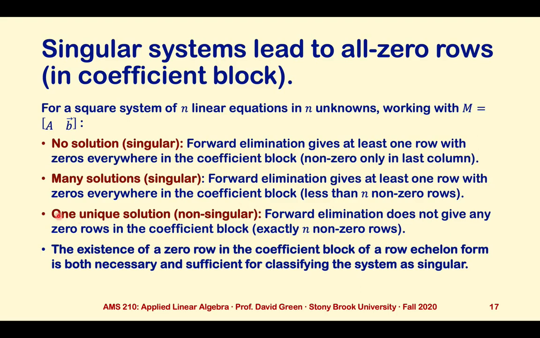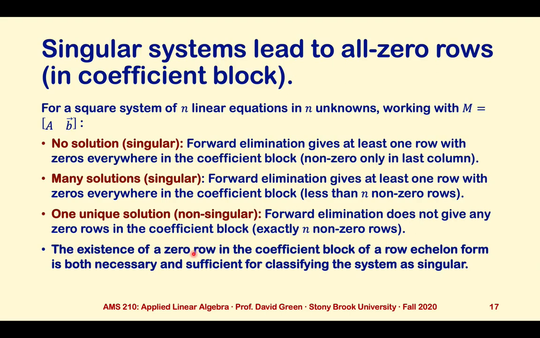Contrary to that, the case where we have one unique solution, that is a non-singular system, occurs only when forward elimination does not give any 0 rows in the coefficient block. That is, after forward elimination, we have exactly n non-zero rows. This already answers part of the puzzle.